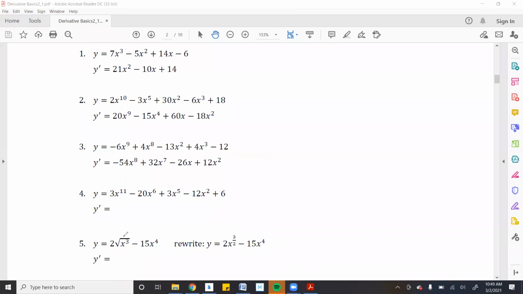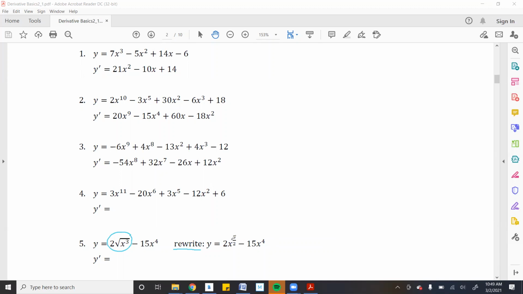Now with number 5, we have this radical, right? Square root of x cubed. Again, something that feels not fun to do the limit definition way. But if we're trying to find a pattern, it could be easier. And in order to use your pattern, to use your rule, I highly recommend rewriting this so that it's not a radical, but a power, right?